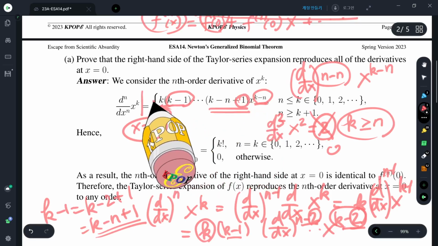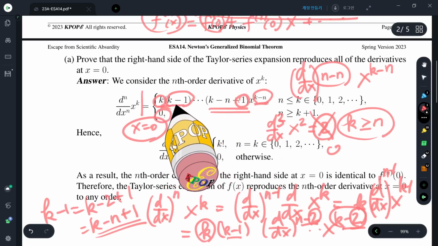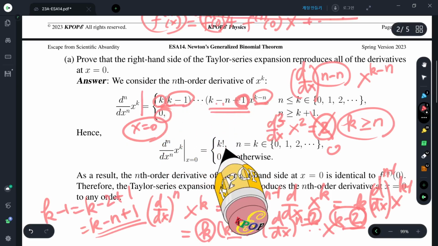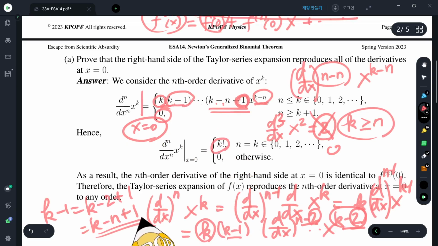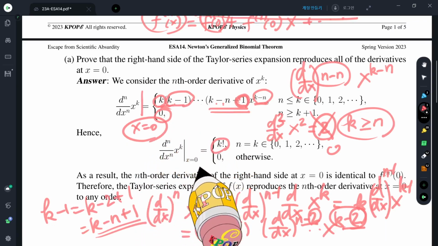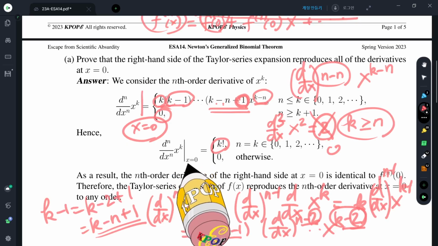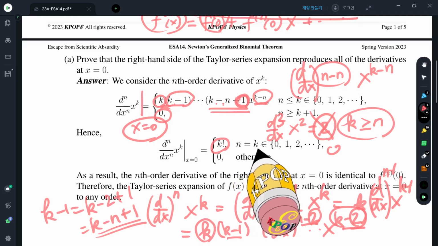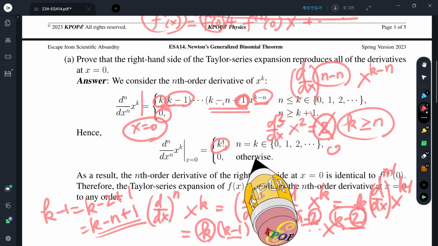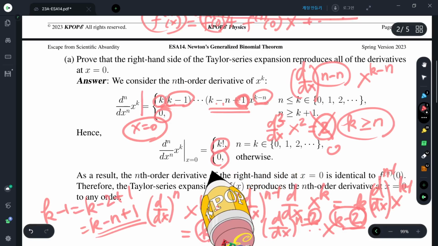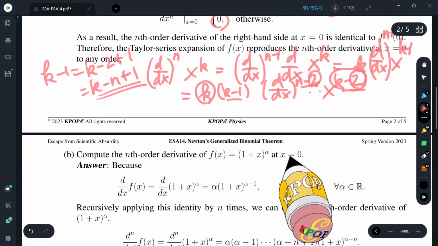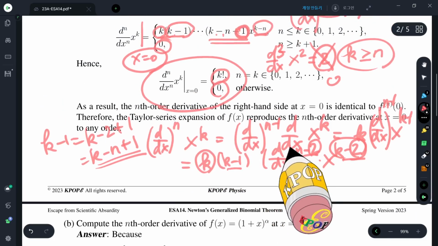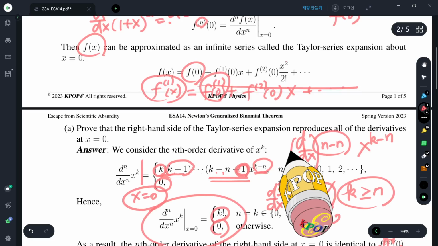So k begins with k, subtracting 1 by 1 until the end to obtain 1. So that is k factorial. So the nth order derivative of x to the k is k factorial only for the case n equals k, and everything else vanishes. As a result, I can make use of this to find the Taylor series expansion.